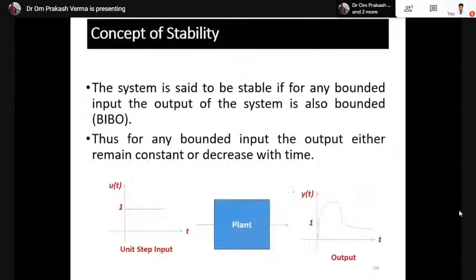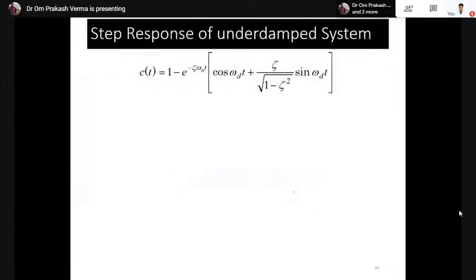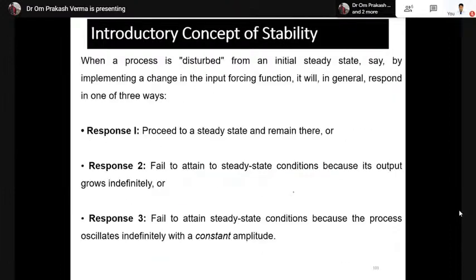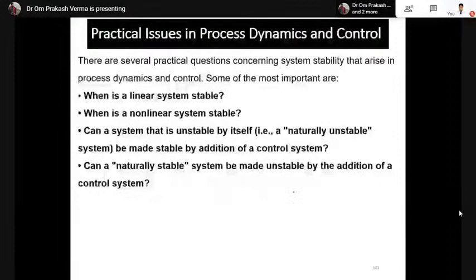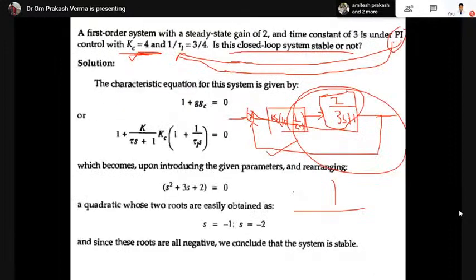The characteristic equation is the denominator polynomial of the closed loop transfer function, G(s) upon 1 plus G(s)H(s). So the characteristic equation is defined as 1 plus G(s)H(s) equal to 0. So this is the polynomial.